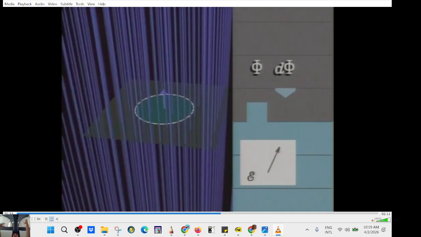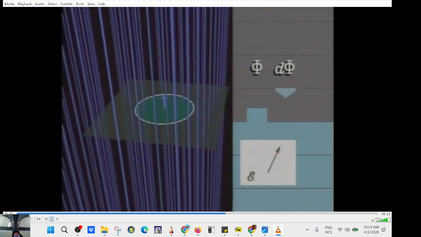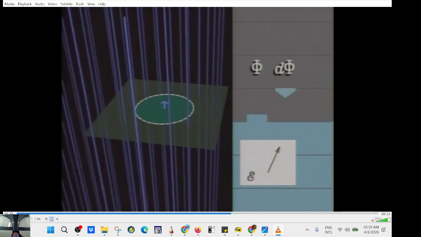If this is your area and the magnetic field goes that way, you have no lines poking through. Okay, maximum will be perpendicular. The current flows one way. Decrease.